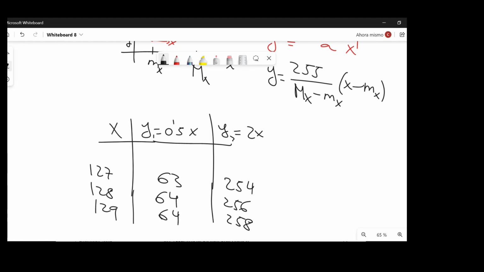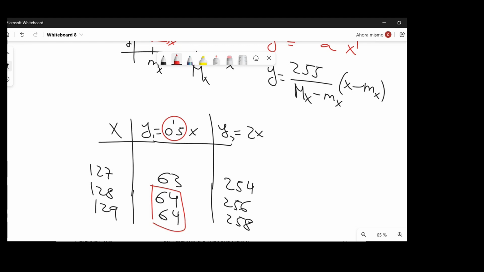So we notice a few things. The first thing we note is that there are numbers that are repeating. There are two numbers that are mapped onto the same gray value. And that happens when your coefficient is more than 1.